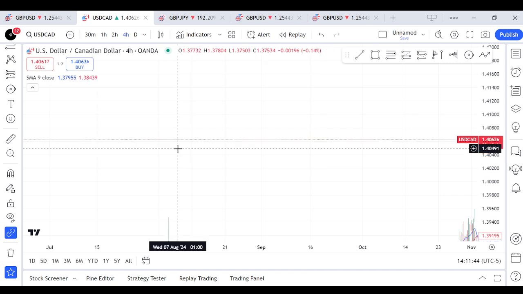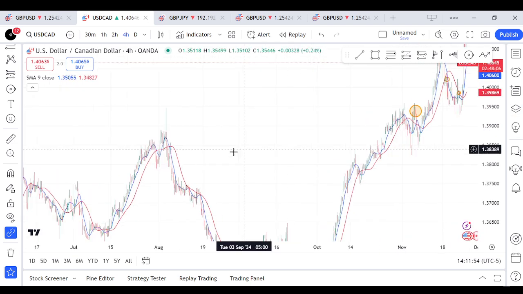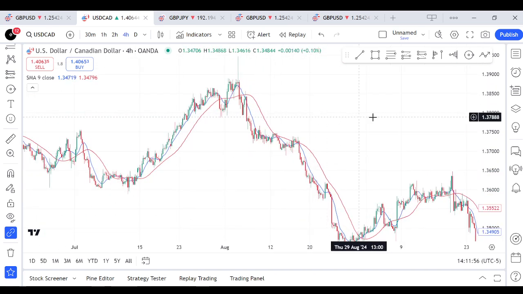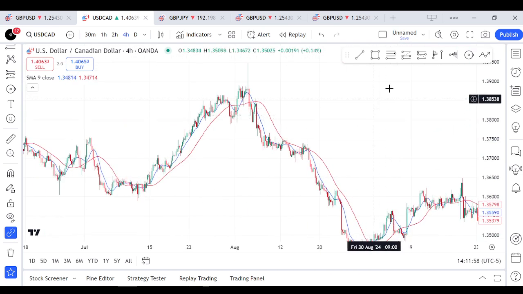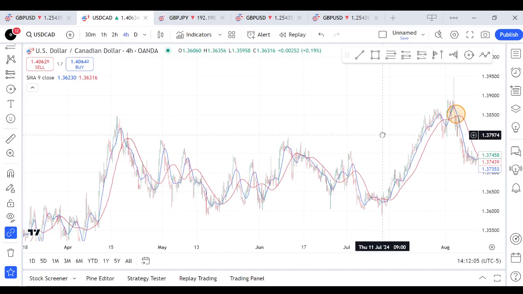You should remember that higher time frame crossovers typically carry more weight and signal more significant trend changes, unlike the lower time frame or the 30-minute examples like we just saw. And these are wonderful bearish crossovers right there.